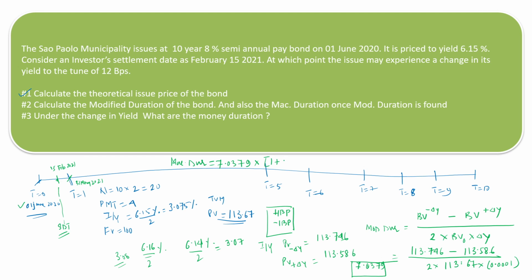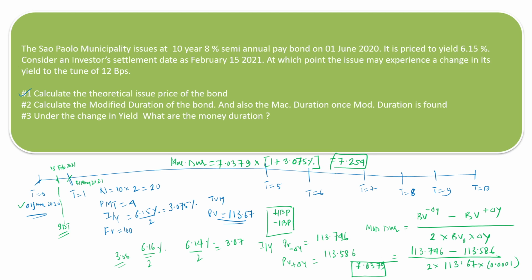But since we are talking about the semi-annual, all that we are going to do is multiply it by 1 plus 3.075%, which comes out to be 7.254.